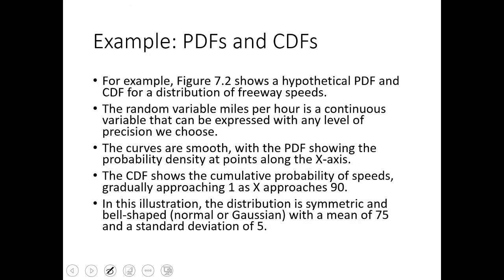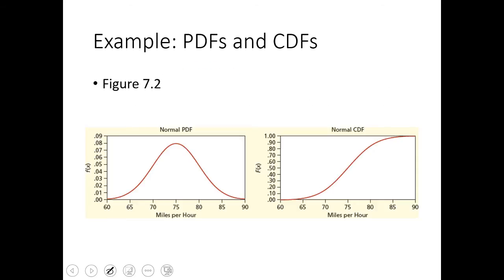For example, Figure 7.2 is an example of a probability density function. It is a normally distributed probability density function, and this is its cumulative distribution function.